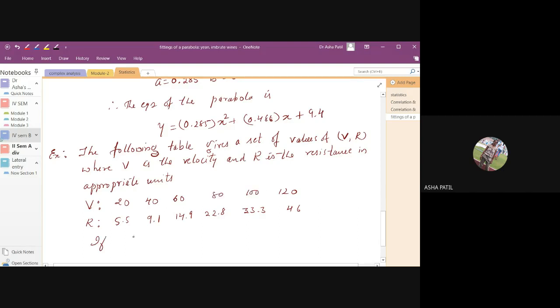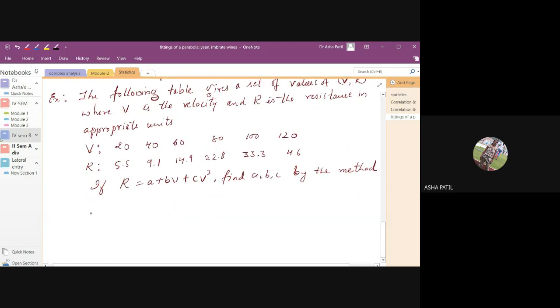If R is equal to A plus BV plus CV square, find A, B, C by the method of least squares.